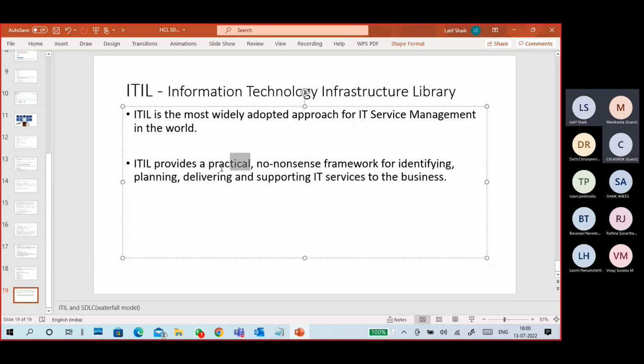In that context, practical means we can implement ITIL in a practical environment, not just a theory with no proof of practicality. ITIL is a practical, no-nonsense framework for identifying, planning, delivering, and supporting IT services to the business.